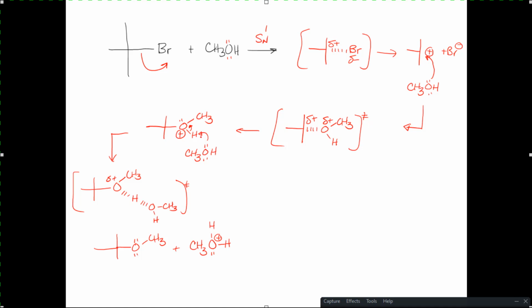This other oxygen is going from 0 to +1, so it gets a delta plus. And so that's the transition state for that final step. So this would be a complete solvolysis SN1 mechanism. Okay, so that's how we would write that complete mechanism.